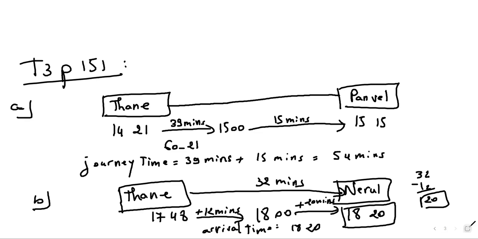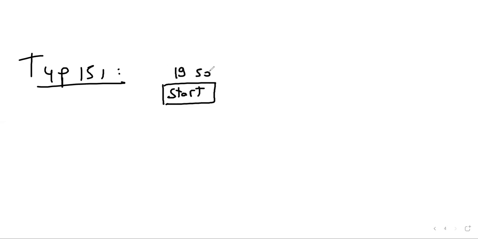Let's correct task 4, page 151. A car journey begins at the start time of 19:50, and the arrival time is 01:17 the following day.